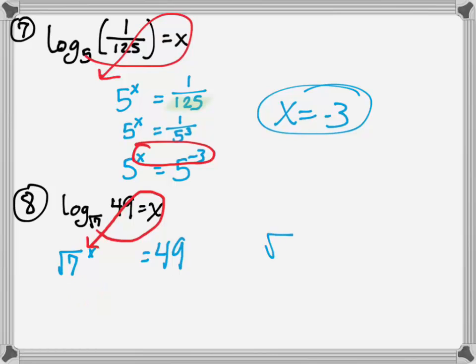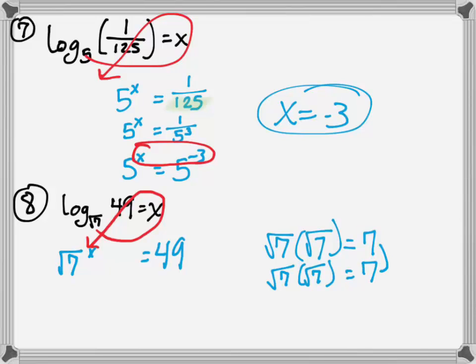Well, if I have the square root of 7 times the square root of 7, that gives me a 7. And so if I multiply those two, it gives me 49. So it takes me 4 square roots of 7 to get to 49. So that means x is equal to 4.